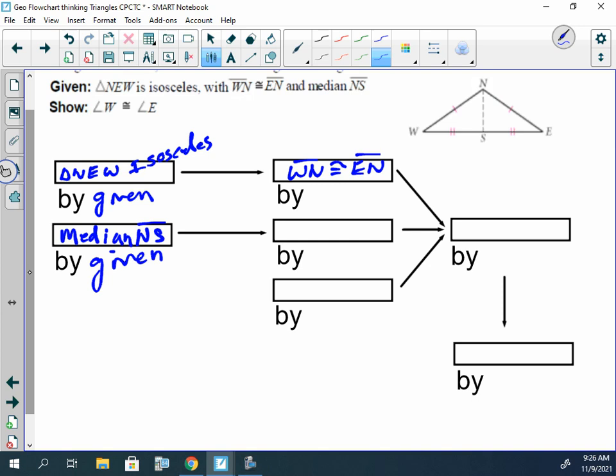So really that's telling us that WS is congruent to SE. Given, definition of a median.